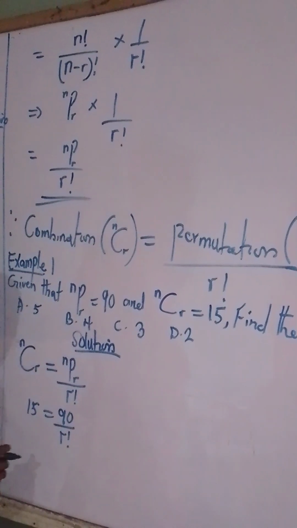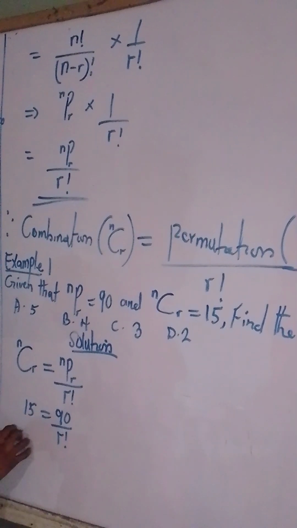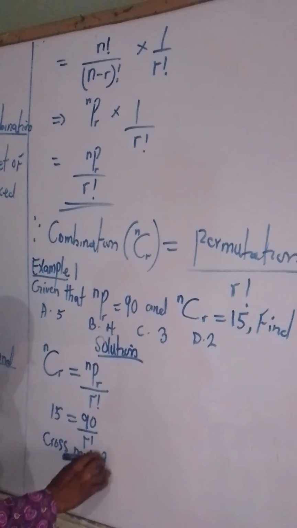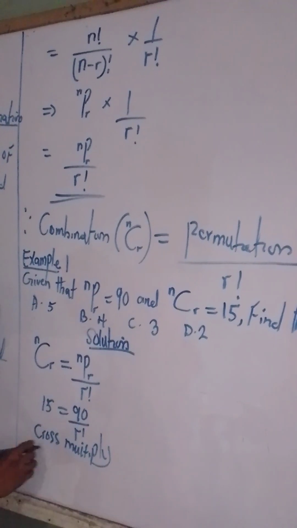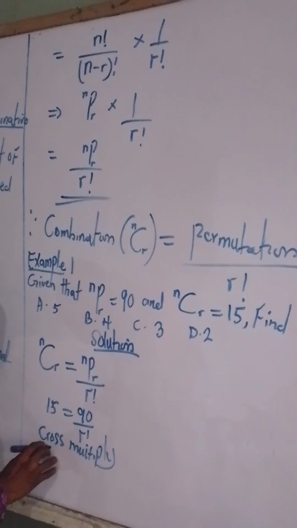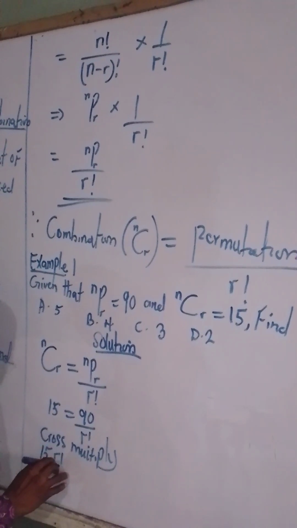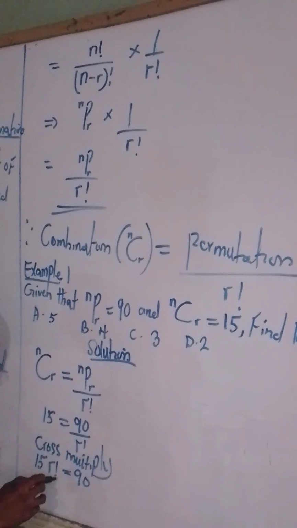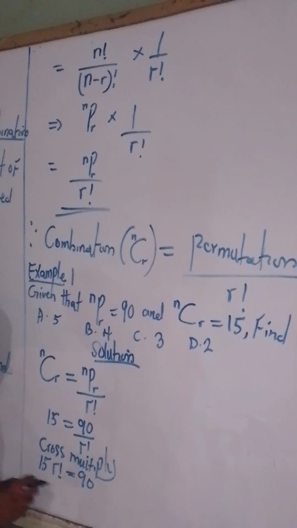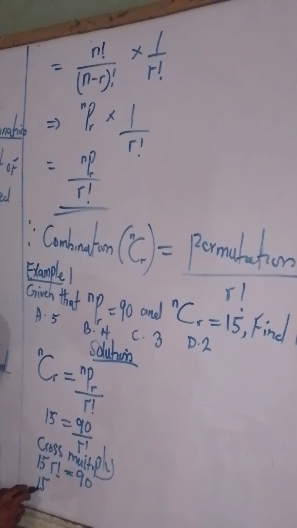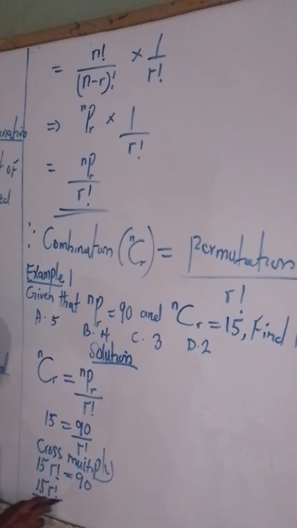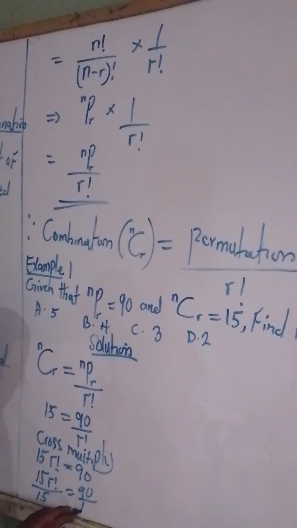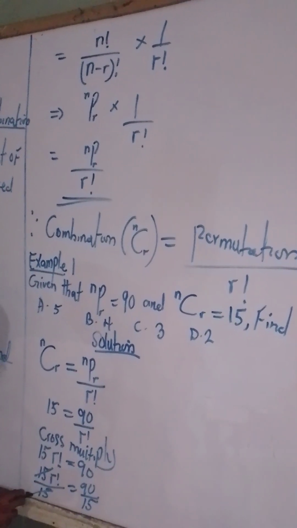Now from here, what we are going to do is cross multiply. When you cross multiply, you have 15 r factorial is equal to 90. Now dividing both sides by 15, 15 r factorial divided by 15 is equal to 90 divided by 15. 15 cancels 15.